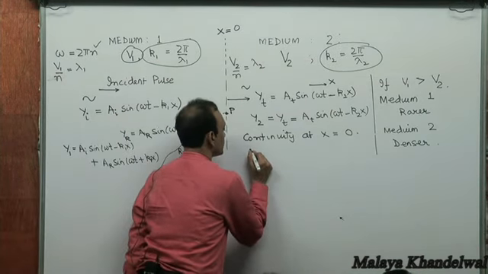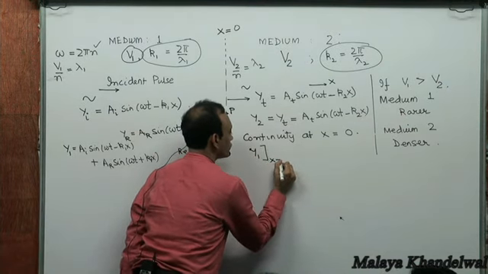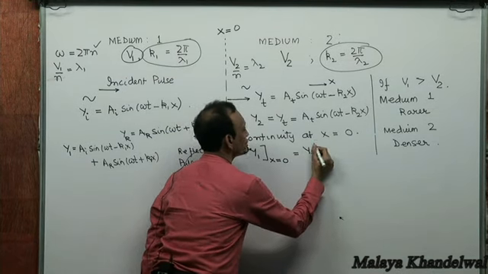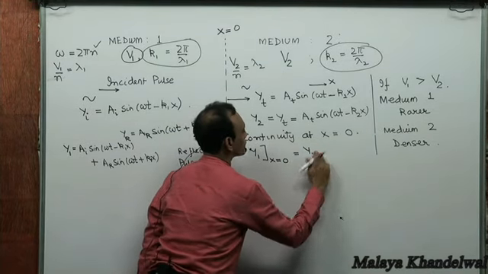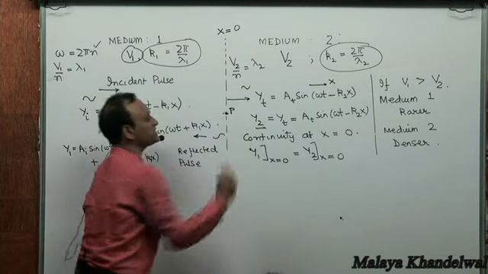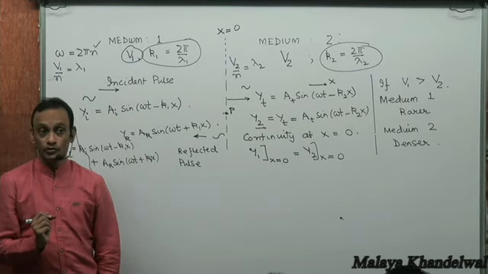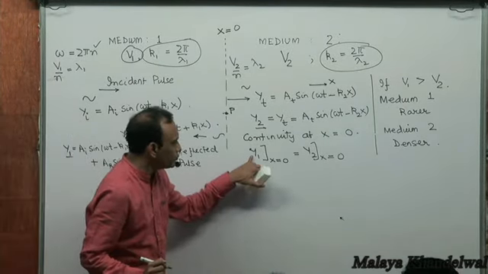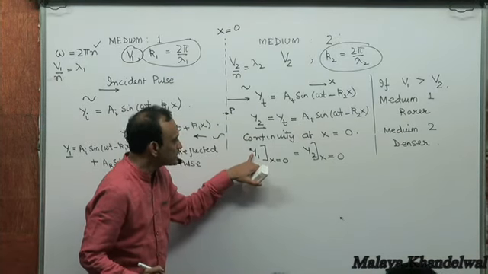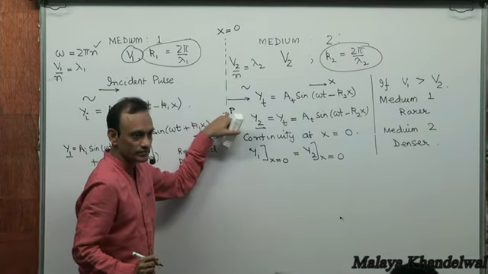That means y1 at x equal to 0 must be the same as y2 at x equal to 0, right? The value of y2 at x equal to 0 must be the same as the value of y1 at x equal to 0. Right? What do I do when I say y1 at x equal to 0? It's an equation that says what is the displacement this would have produced at the point P.